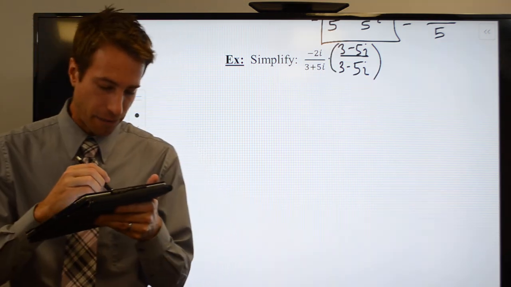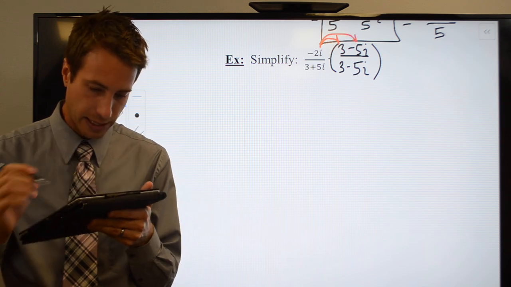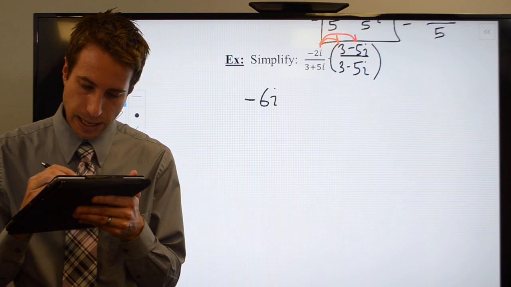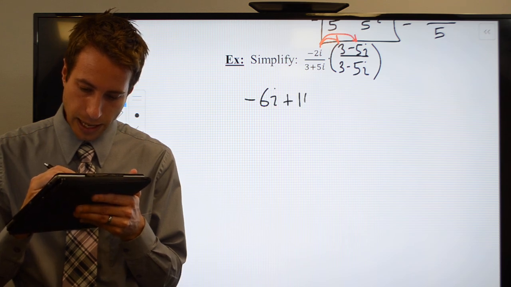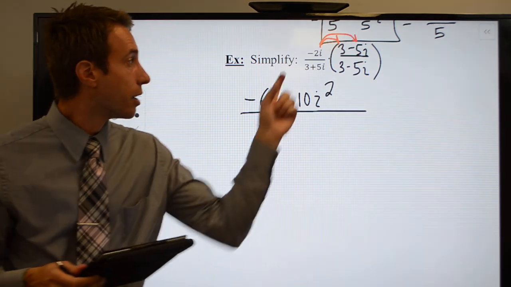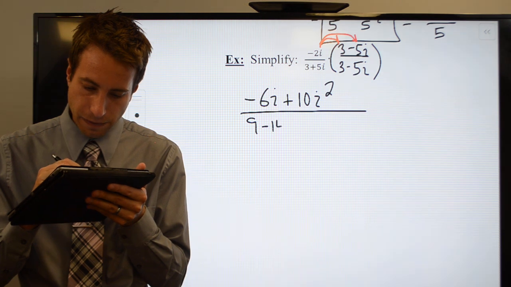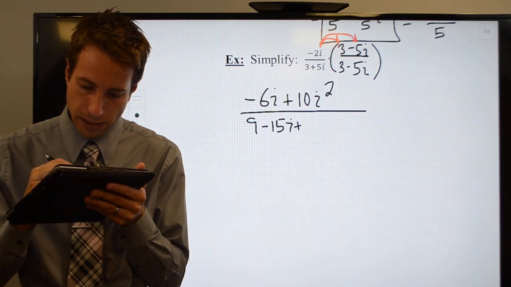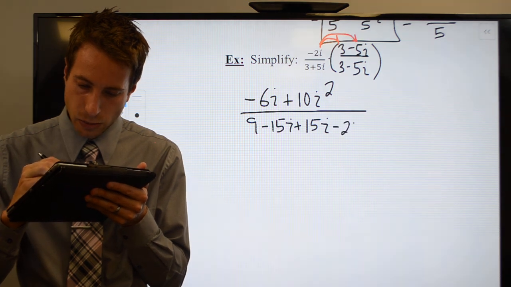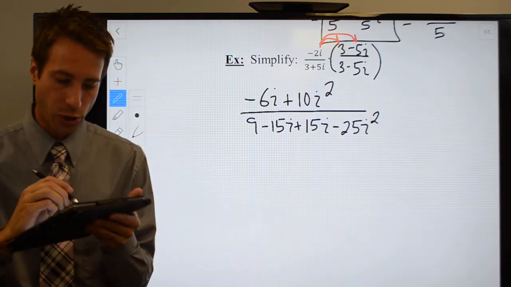In the top, I'm not foiling, I just need to distribute that through the parentheses, so I wind up with minus 6i and a plus 10i squared. In the bottom, 3 times 3 is going to be 9, minus 15i plus 15i, minus 25i squared.